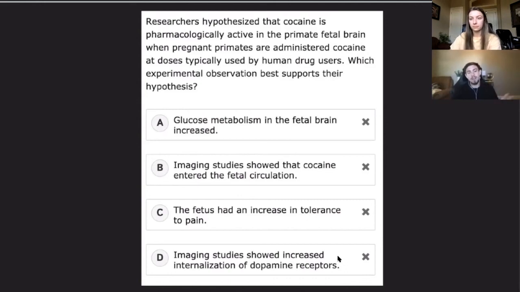You will never, even in med school, learn about how cocaine increases glucose metabolism. You're just having to put the pieces together, right? Cocaine's a stimulant. If you increase CNS activity, you're probably going to consume more carbohydrates, more glucose. Exactly. So A is the correct answer here.